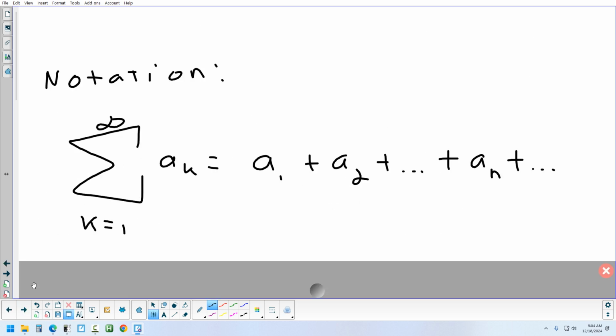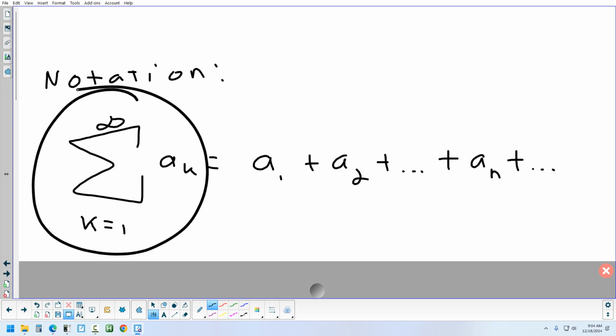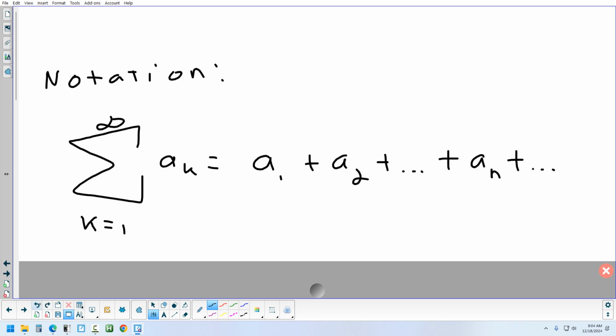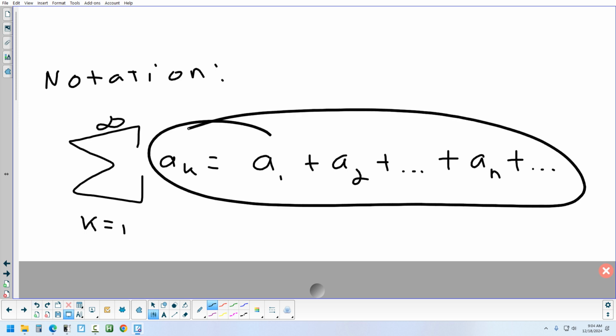Okay, so first of all, that's the notation for an infinite summation. What do you notice is different with the part that I just circled from yesterday? Right, there's an infinity symbol at the top. When there's an infinity symbol at the top, that means you never stop. And what do you notice is different on this side?